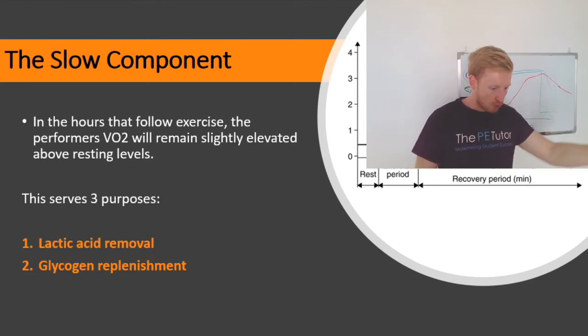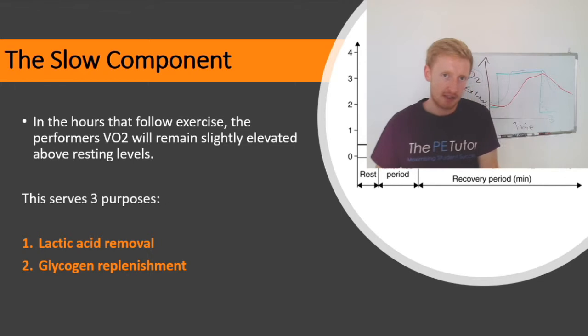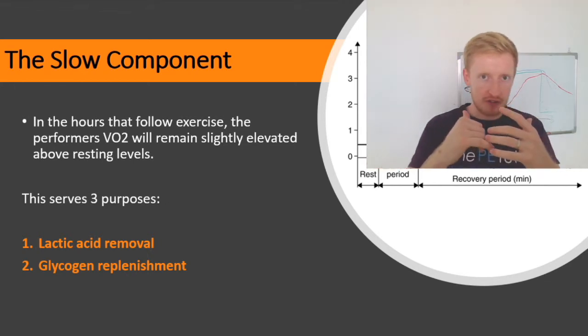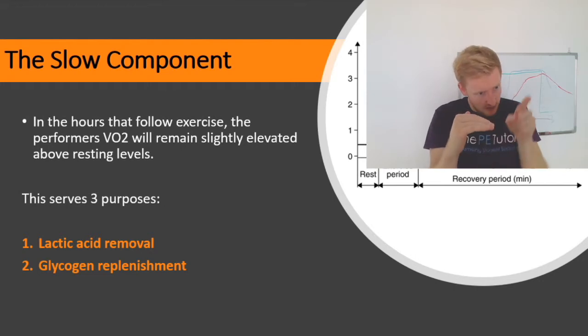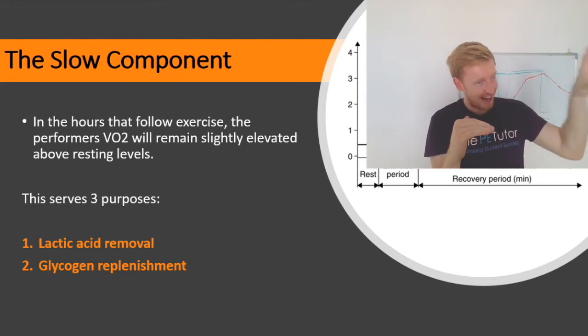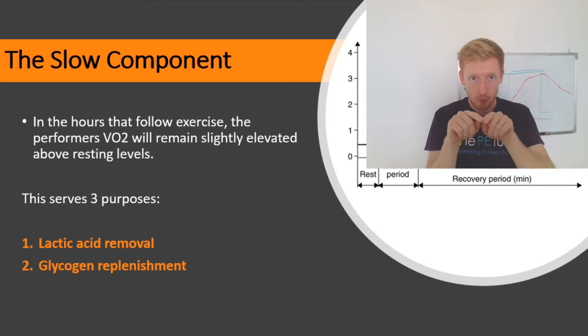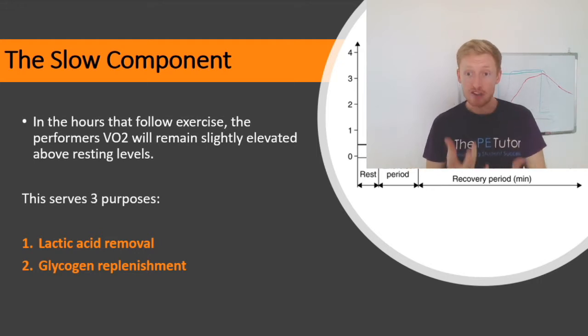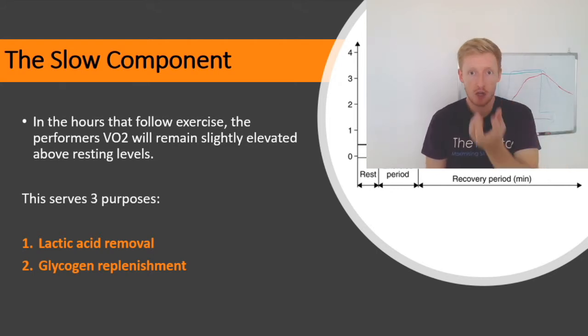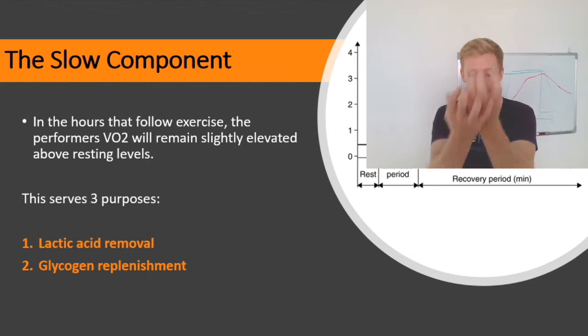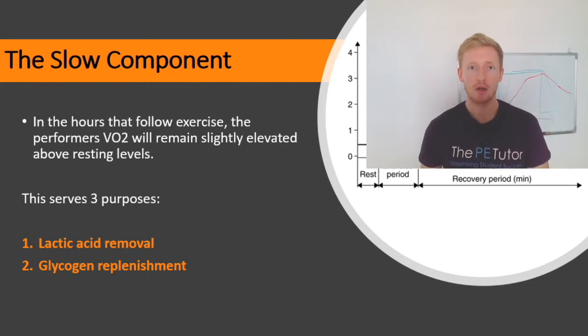Lactic acid can now be reconverted to pyruvic acid. Think about anaerobic glycolysis: glycogen, glucose, pyruvic acid, and then lactate dehydrogenase converts it to lactic acid if we haven't got any oxygen. Well, now we do have oxygen. We've got the surplus. So we take the lactic acid, we revert the process, turn it into pyruvic acid, and then break it down further.